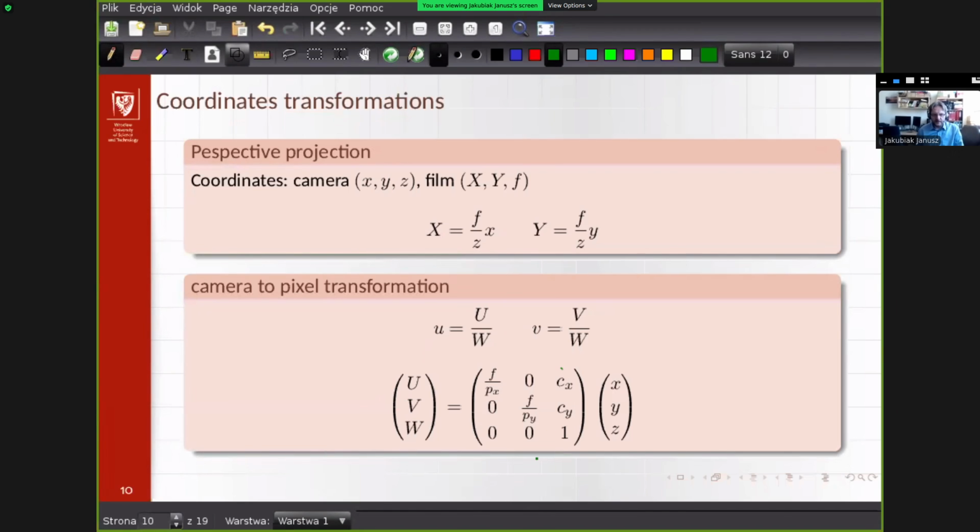So again, a transformation has the form of the matrix. This parameter that is called W is in fact the distance transformed through the focal length, simply.